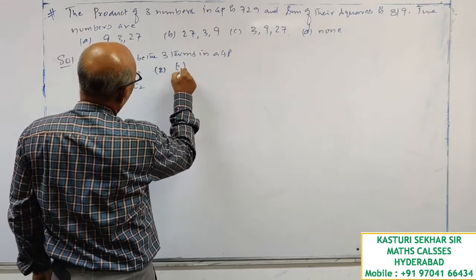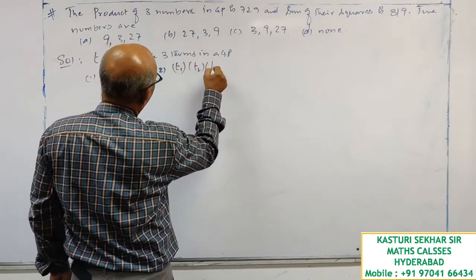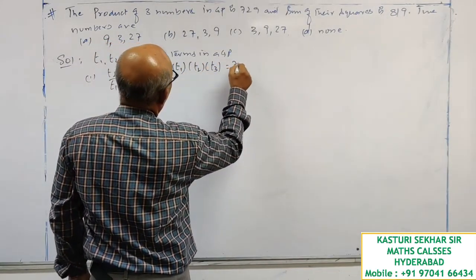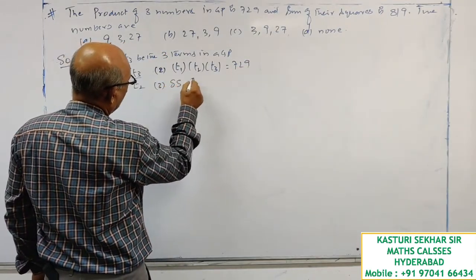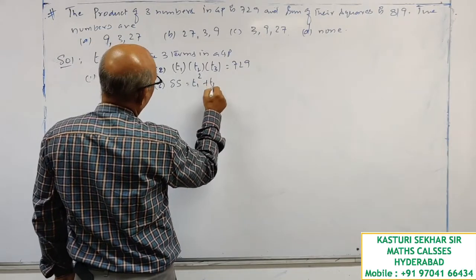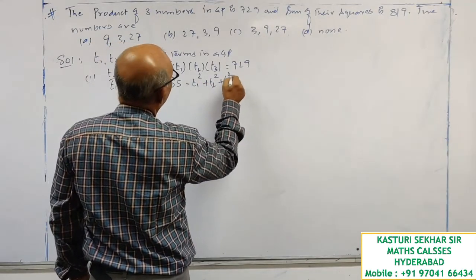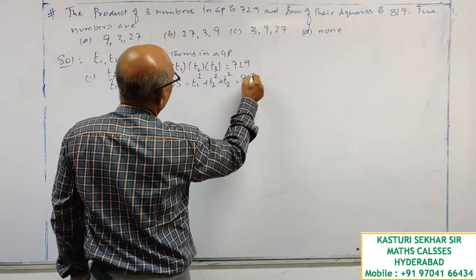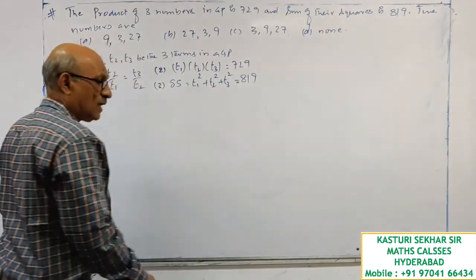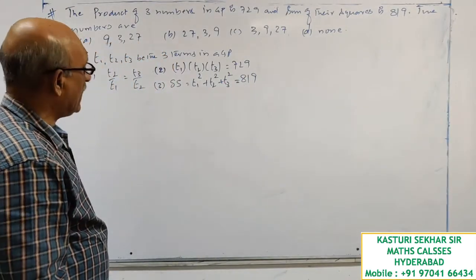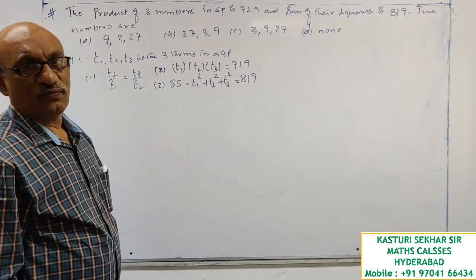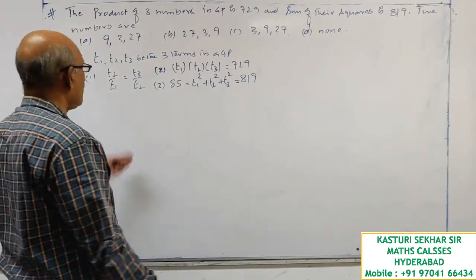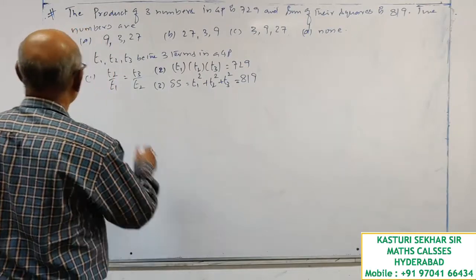Second condition is T1 into T2 into T3 is 729. Third condition, sum of their squares is equal to 890. These are the three conditions my options have to satisfy. So the option which satisfies these three is the answer.